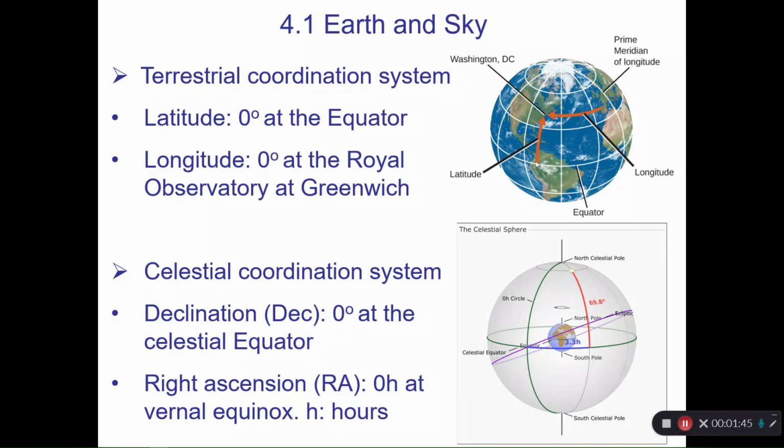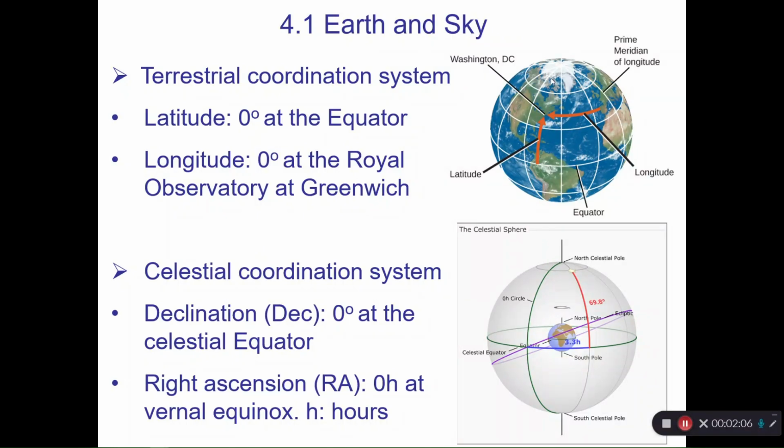If we go all the way to the North Pole, it's 90 degrees north latitude. And a similar idea applies if you go from the equator to the southern hemisphere. The South Pole is 90 degrees south latitude.